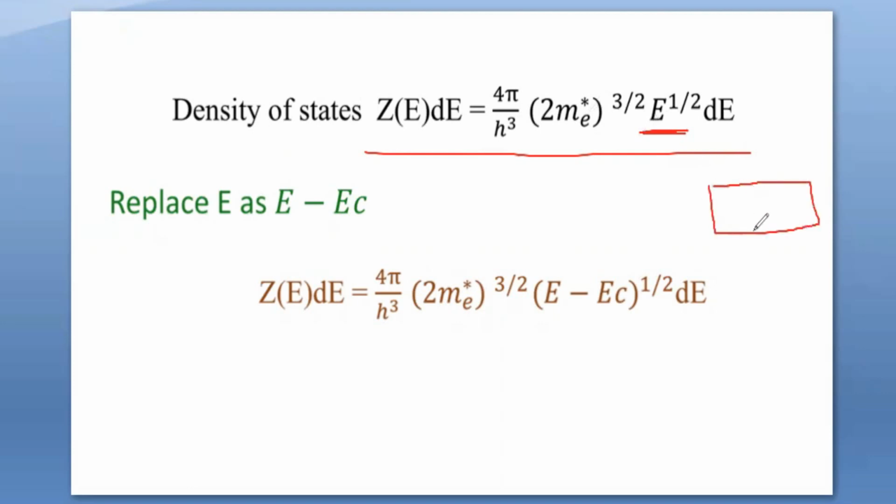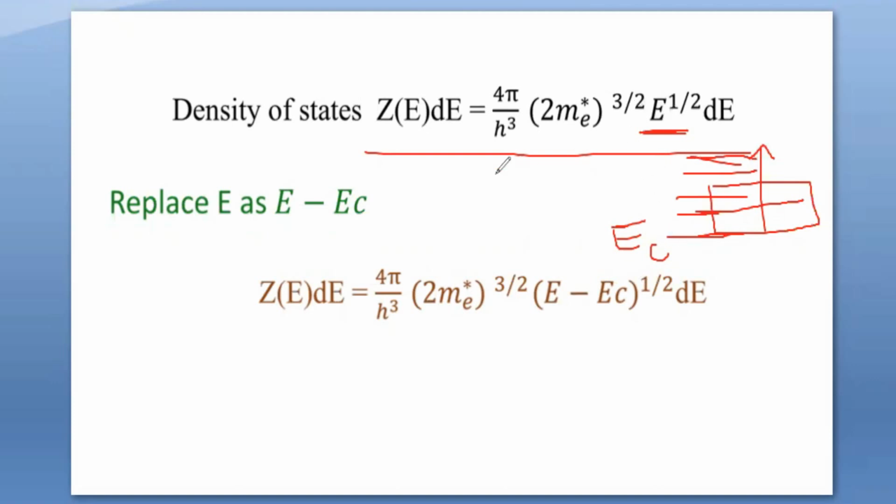Suppose this is the conduction band. This is the minimum energy level of the conduction band, EC. The energy levels which are greater than this EC will contain the electrons, and these will carry the current. So we need only the energy levels which are more than EC. Less than EC, they won't carry current at all, so those electrons we don't need.